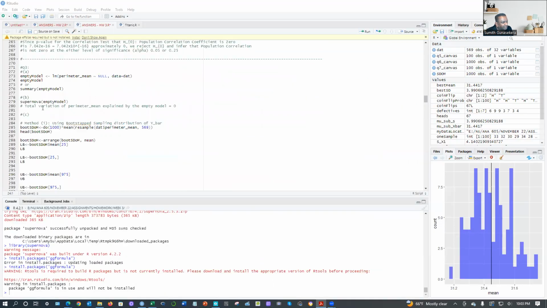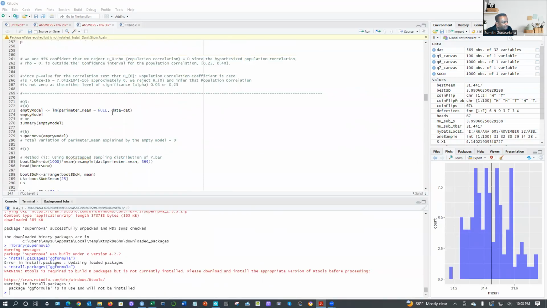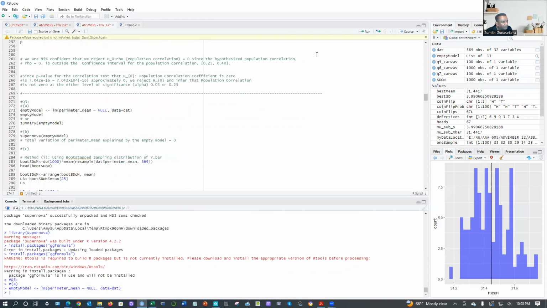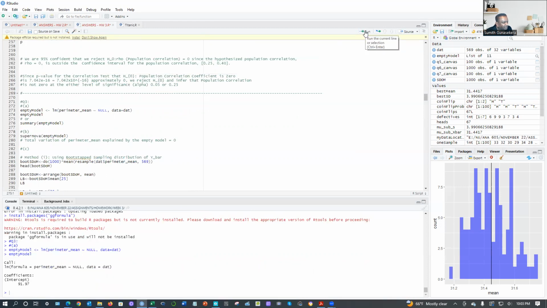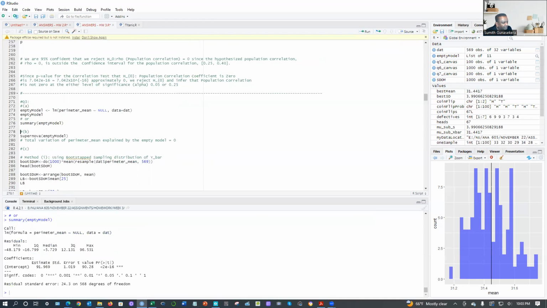That variable, perimeter mean, will be modeled with the empty model. This is nothing but the average of the perimeter mean. If you want, you can go to summary too. That will show you the point estimate, standard error, and p-value. Now you're getting familiarized with something like this.